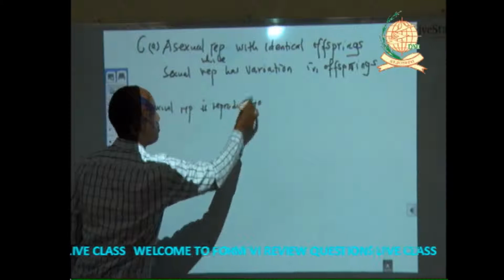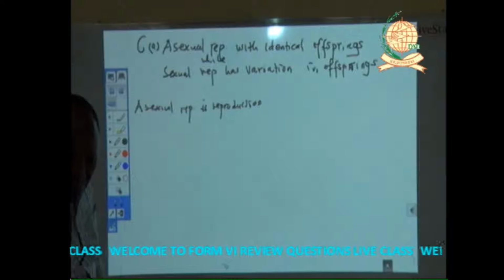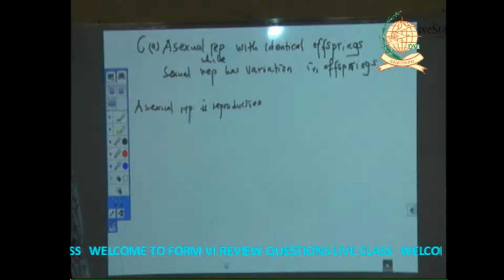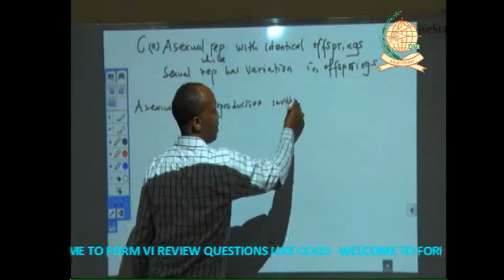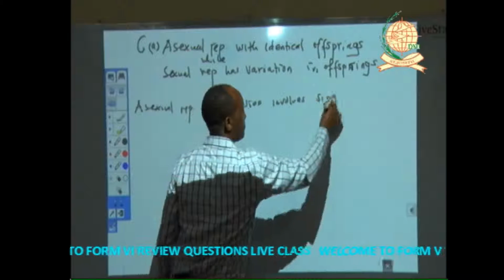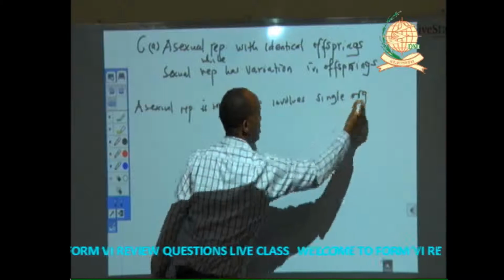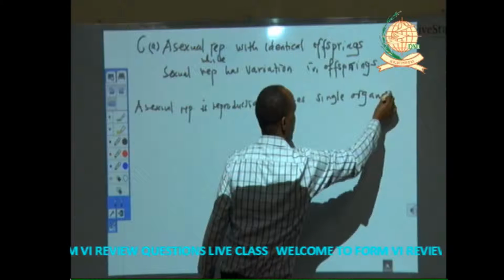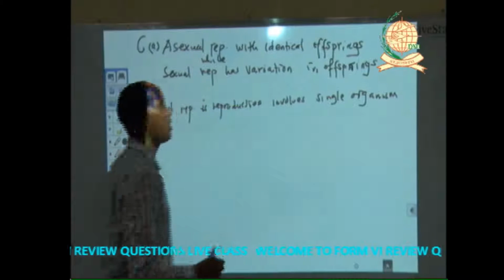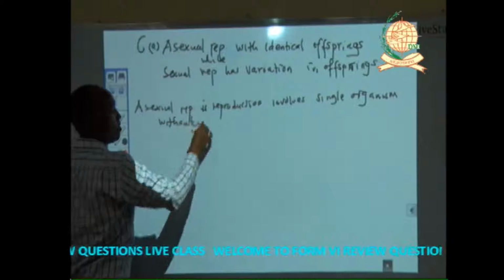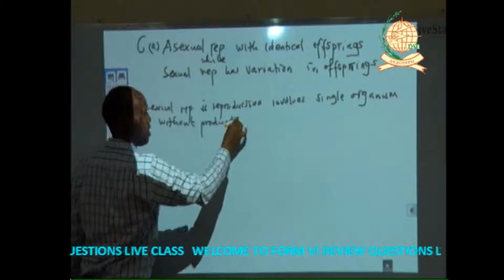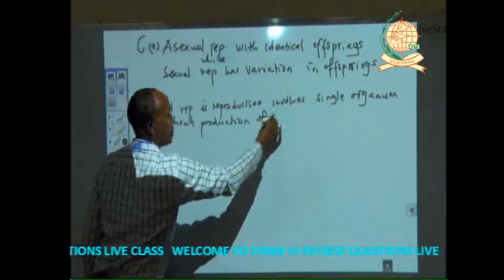Asexual reproduction is reproduction which involves a single organism, without production of gametes.